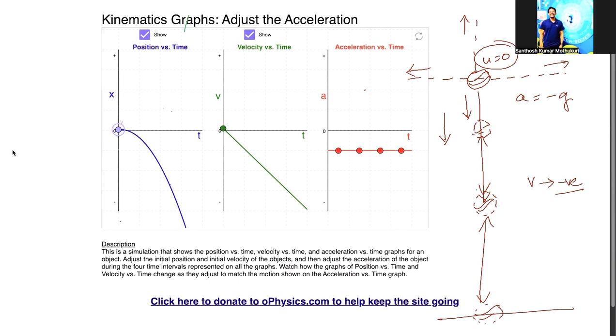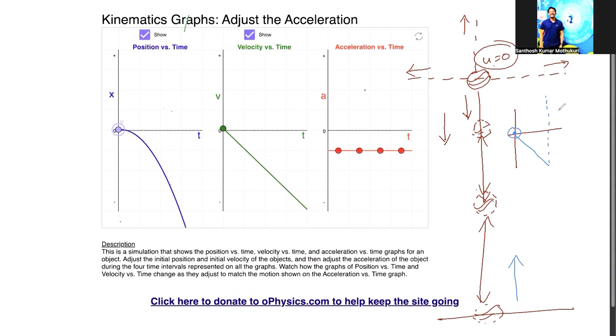As it hits the ground and rises up, the velocity versus time graph initially starts with 0. This is the position of the ball in the beginning, and the velocity increases in the negative direction. And in no time, the ball rises up. That means the ball has now moved towards the positive y-axis.